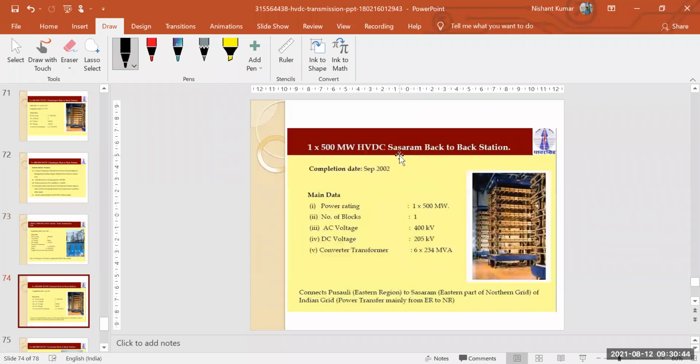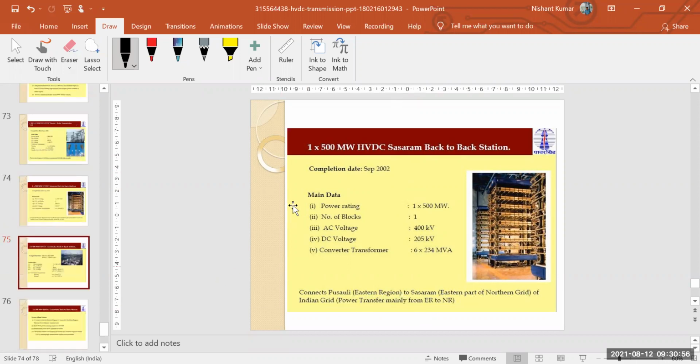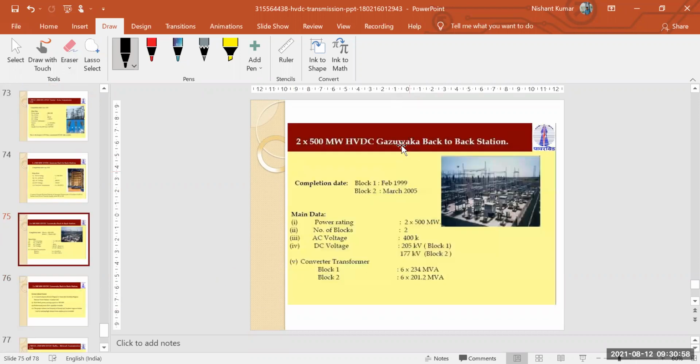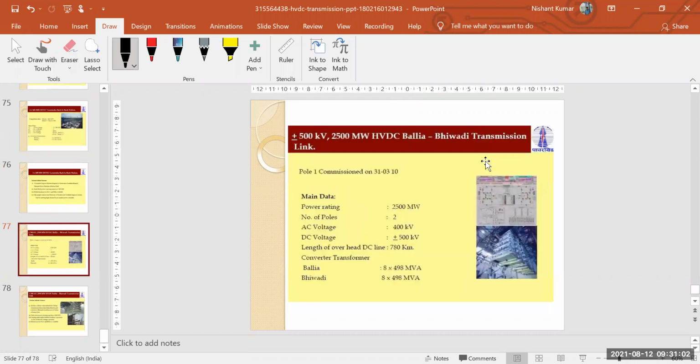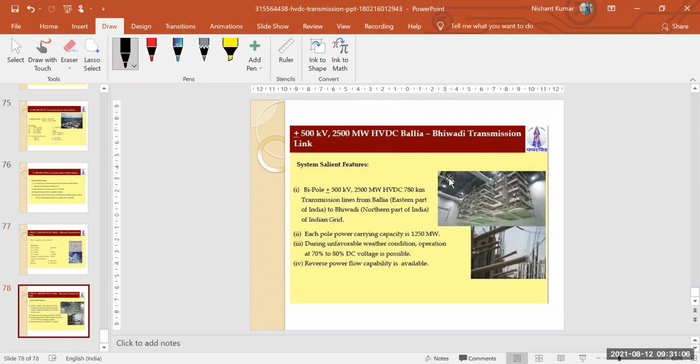This is in Sasaram, which connects Pasauli in the eastern region to Sasaram in the eastern part of the northern grid of the Indian grid, with power transfer mainly from east to north. Gazuwaka back-to-back stations. Then the Balia to Bhiwadi transmission line. So we have a lot of transmission projects in India.